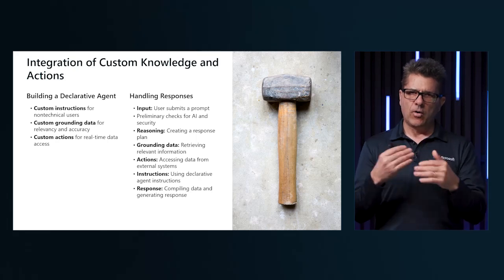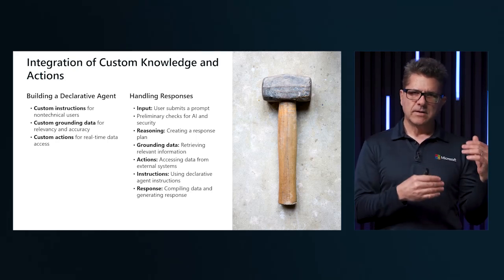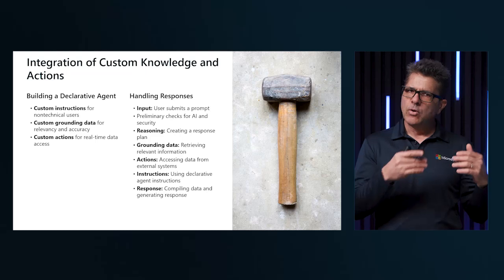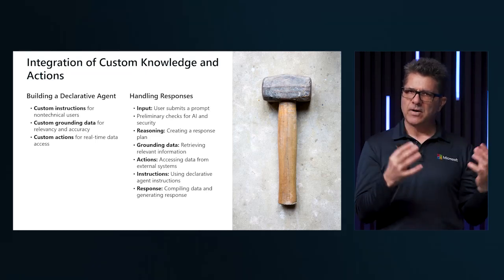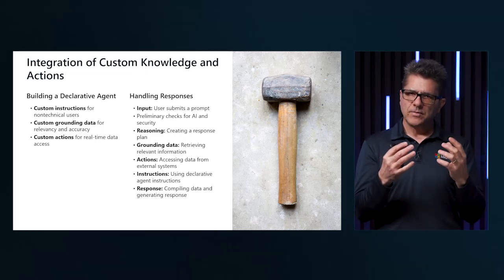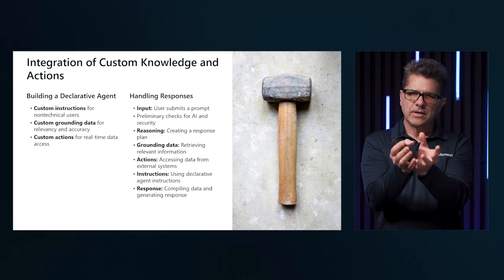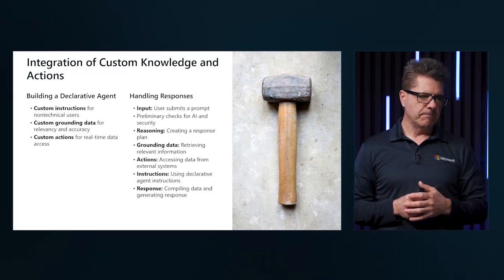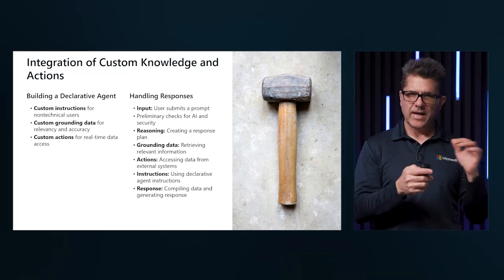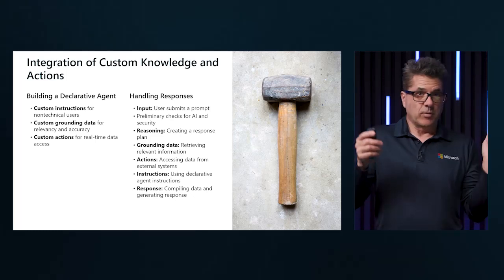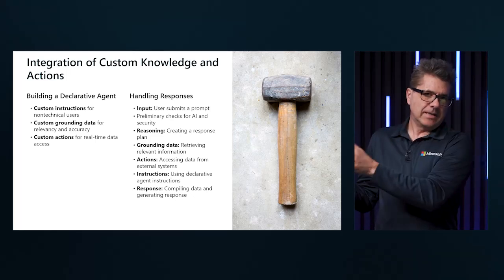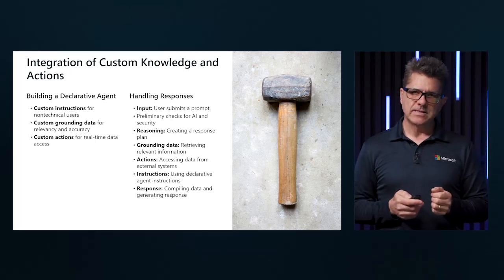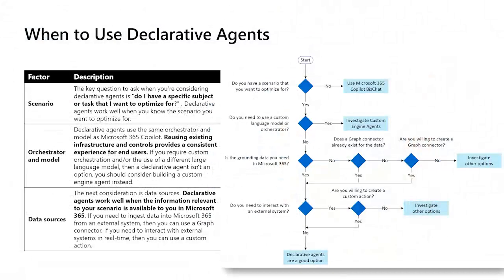It performs all the checks, retrieves the data, looks at the response, compiles the response, and then will determine how it's going to be delivered to me as the user. This is going to be the critical point of that delivery. If I'm going to create a custom agent, I need to think about all of these aspects of my agent.